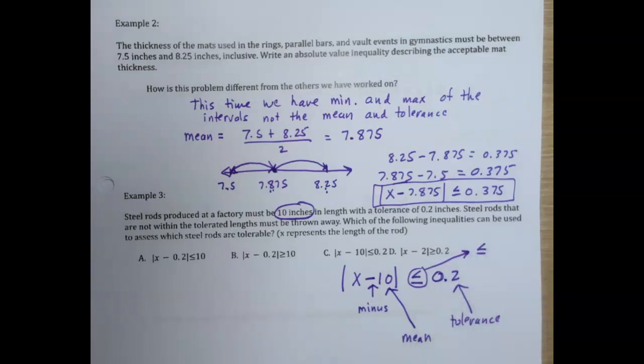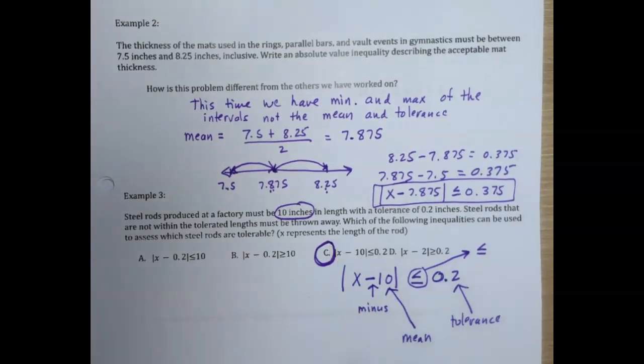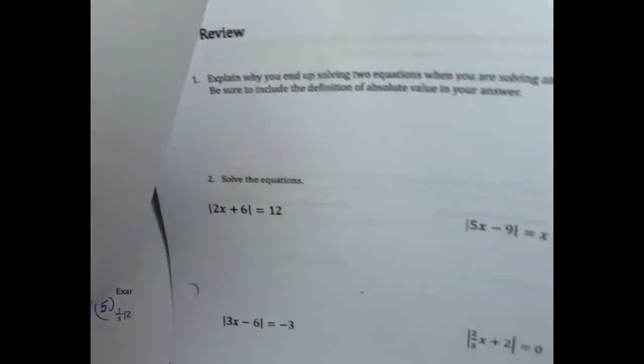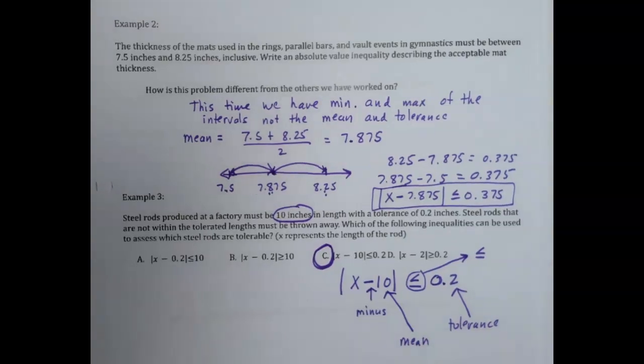Okay? So which one is it? Looks like to me it's C. Okay? I think that's it. It's probably the third review, so that would be the third assignment we need to do.